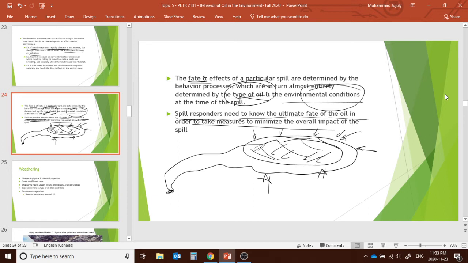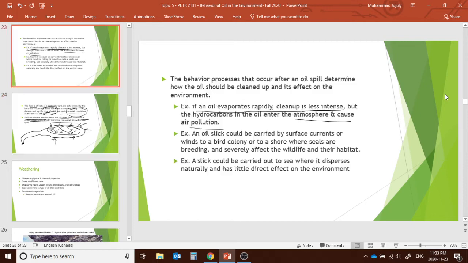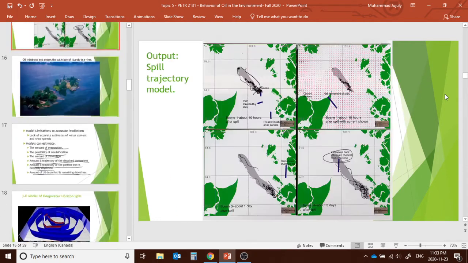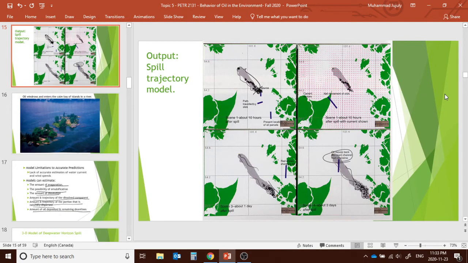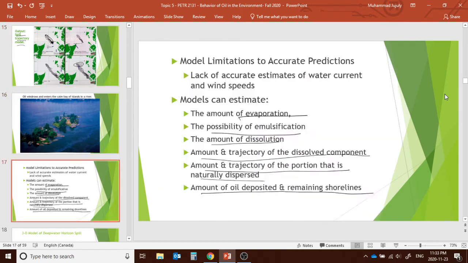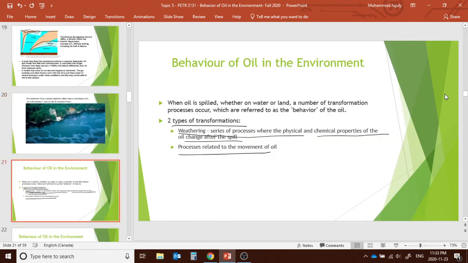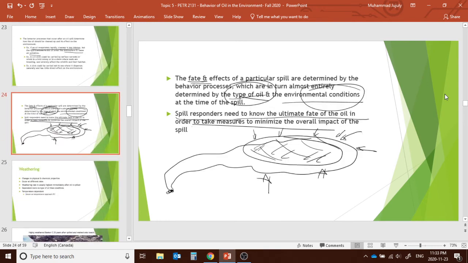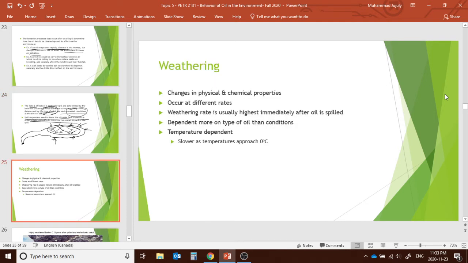So the previous model was exactly like that. So now you understand why we do the oil spill trajectory model, to get the idea that the spill response teams will come and work on that.